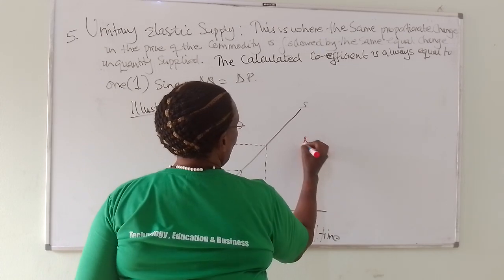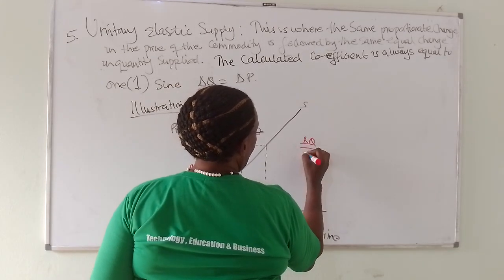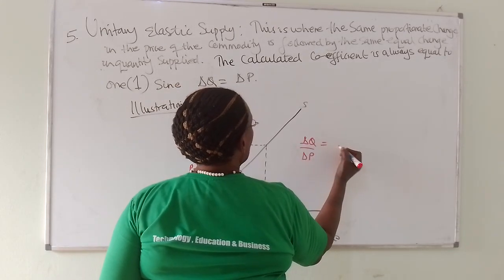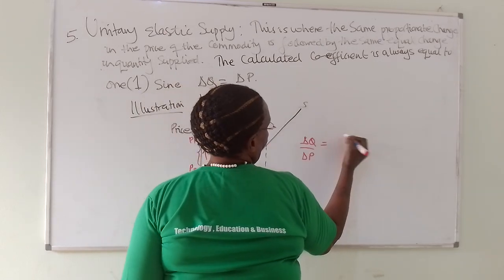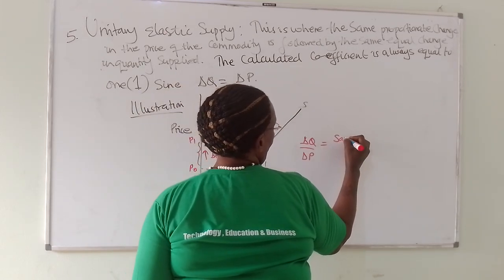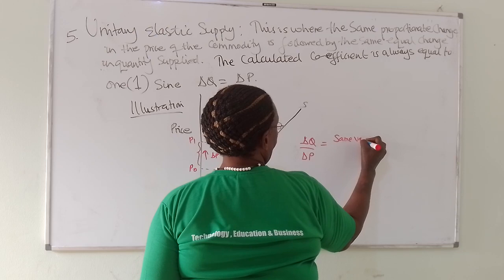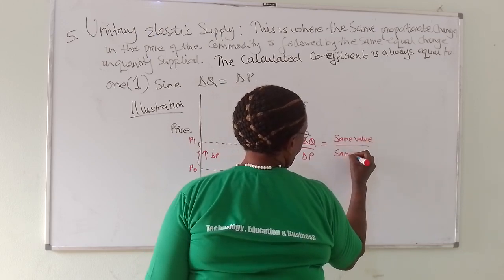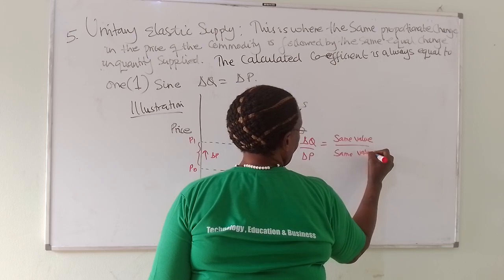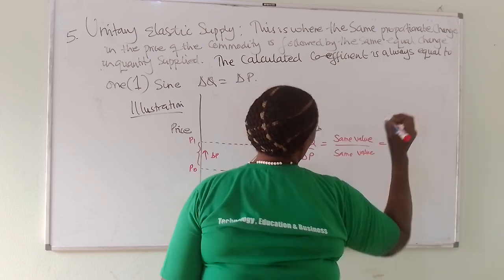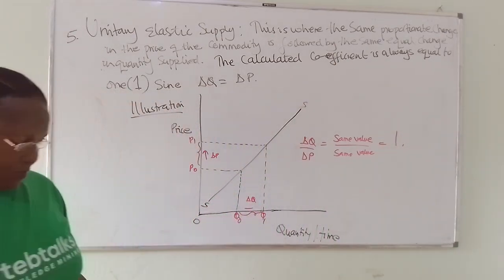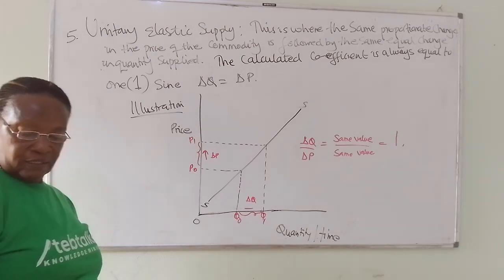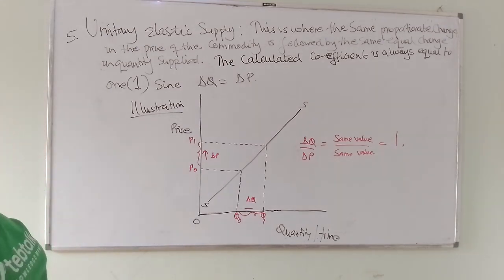It's like change in quantity divided by change in price equals same value divided by same value, and you get an answer of 1. Same value divided by same value, you get an answer of 1.